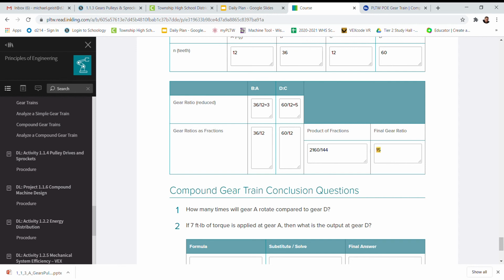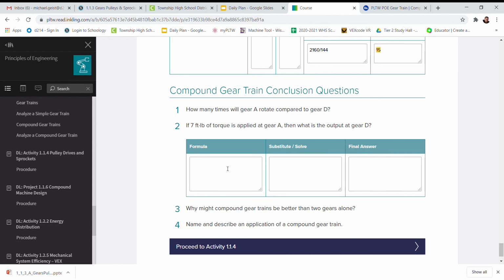This is where you guys have to look at your formulas and try to solve to compare. So if I have 15 to 1, you have to compare those and figure out if I have one rotation of gear A, how many rotations am I going to get on gear D? Okay, 1/15 of a rotation because you're going to get an increase in force. All right, so use your formulas and solve for whatever that solution is.